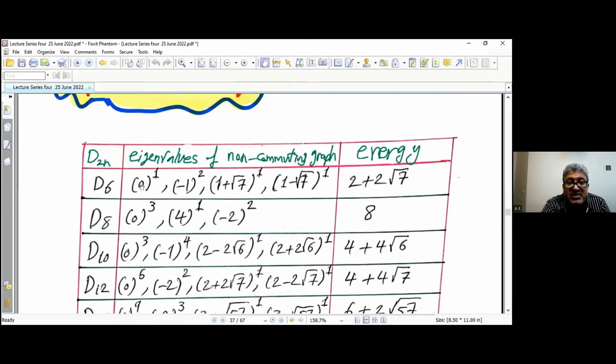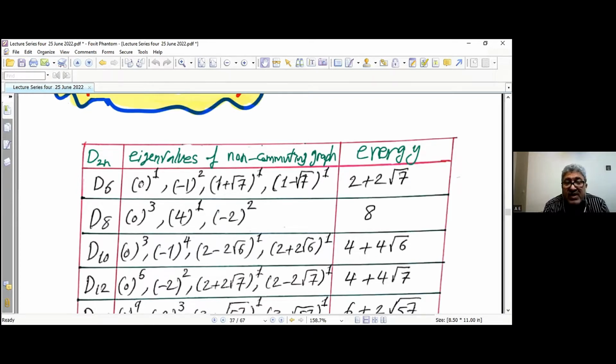Because the center is trivial, we remove the identity from the set of elements of the dihedral group of order 6. So we have 5 vertices. So the adjacency matrix is 5 times 5, and we have 5 eigenvalues.